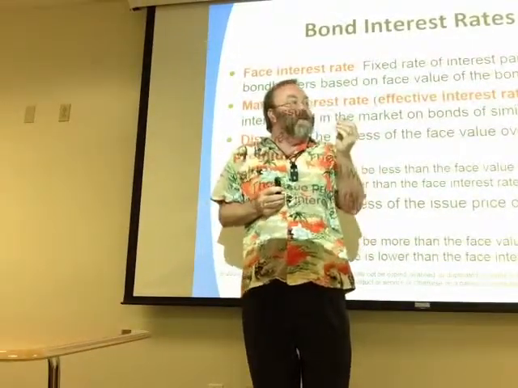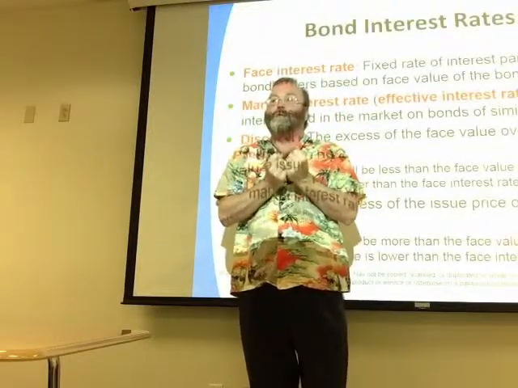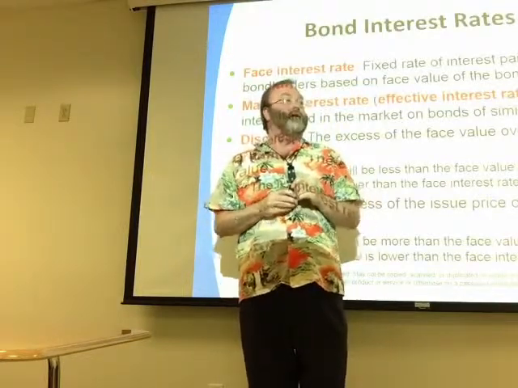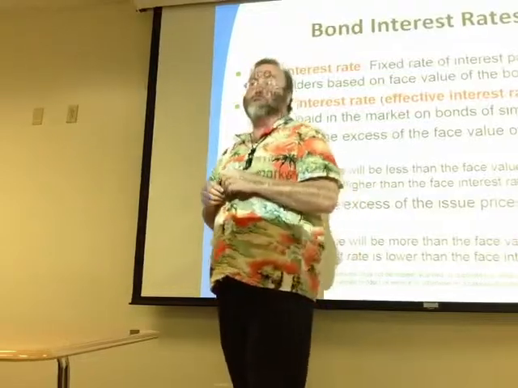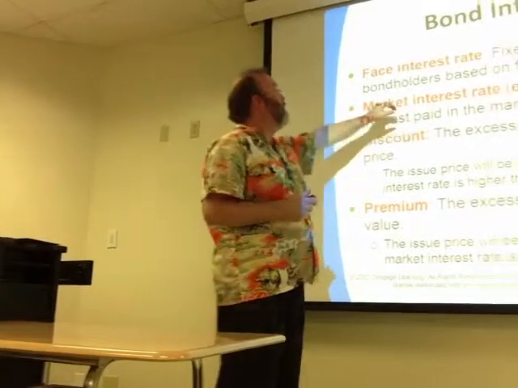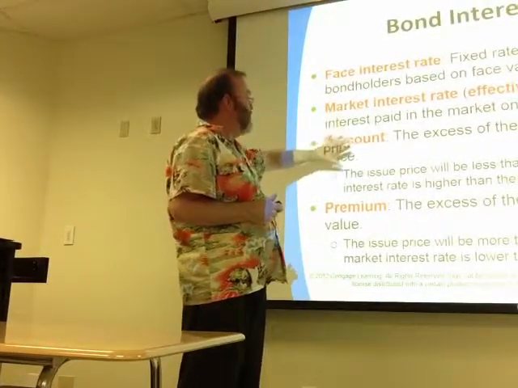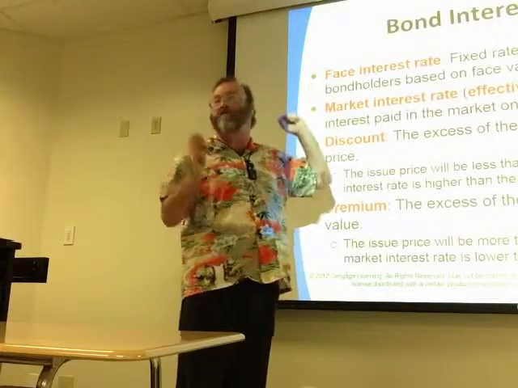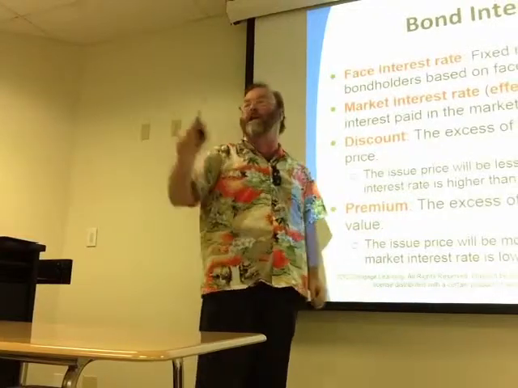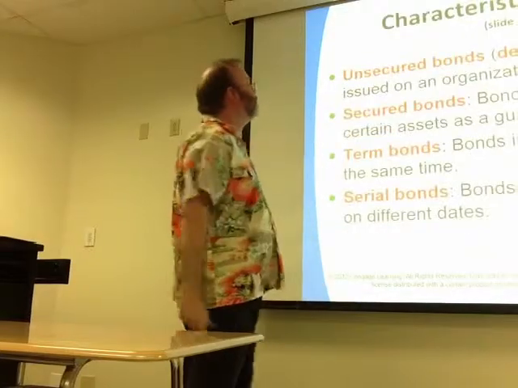In order to get an effective interest rate of 11%, they're going to need to give you less than the face rate up front. They'll buy it at a discount. Okay? So that's where we're at. The comparison between the face interest rate and the market interest rate either generates a discount if the market is higher than what you're paying, or a premium if the market is lower than what you're paying. All right?